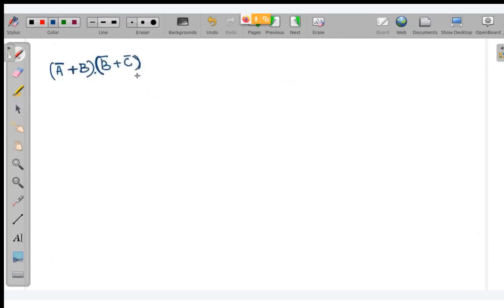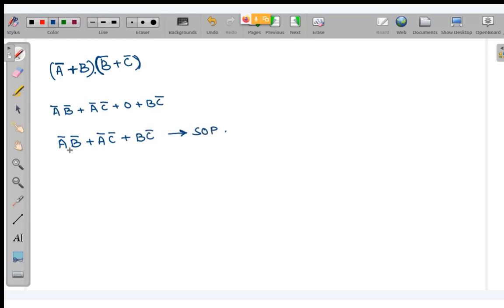If I expand this, it will be A complement B complement plus A complement C complement, plus B complement into B, so this will be 0, plus B C complement. Now if I solve this, it is A B complement plus A C complement plus B C complement. This is in your SOP form.